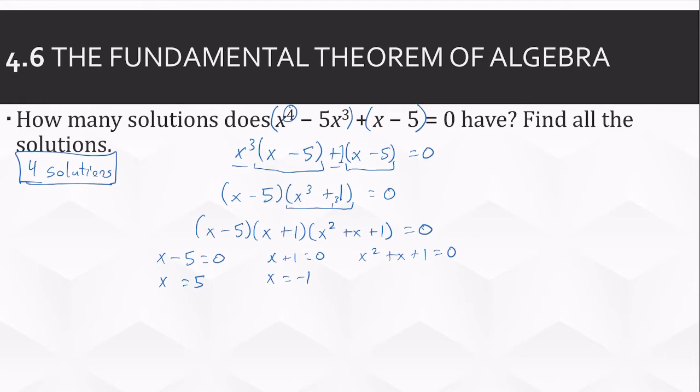We've already factored as far as we can, so we're going to have to use the quadratic formula. It'll be negative b plus and minus the square root of b squared minus 4ac over 2a. So that'll be the square root of negative 3.